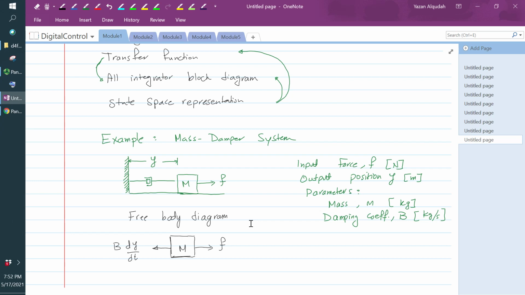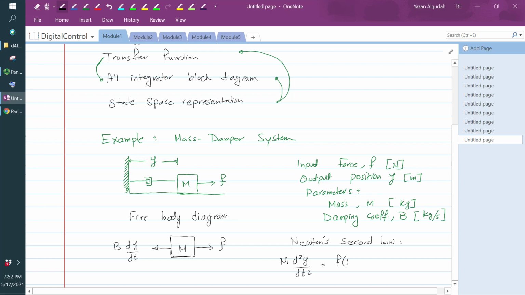So Newton's second law tells us that the mass multiplied by the acceleration, which is the second derivative of y, is going to equal the force F(t) minus B multiplied by dy/dt.